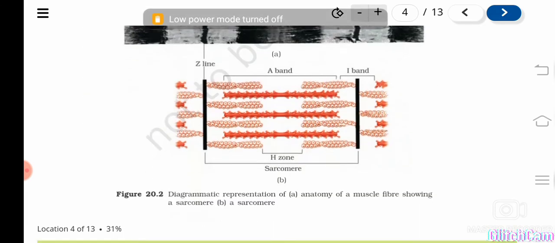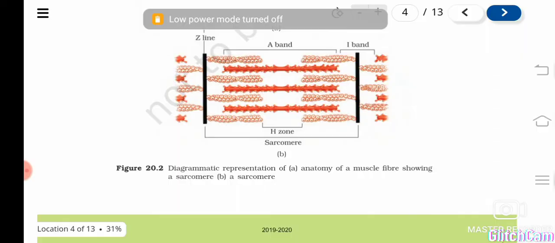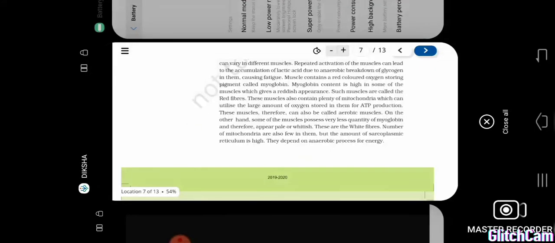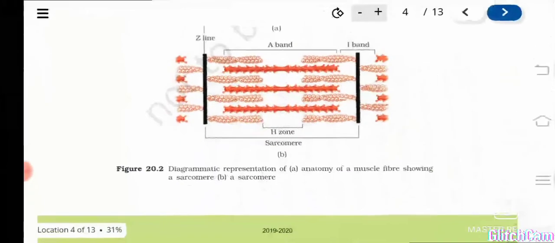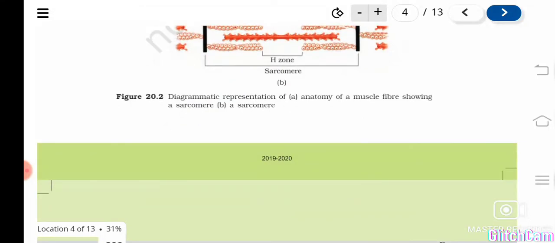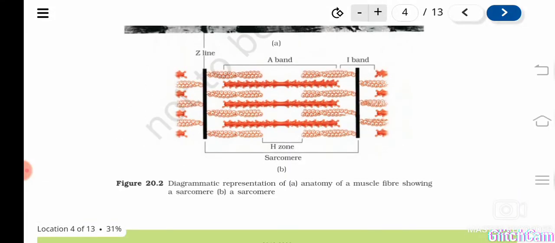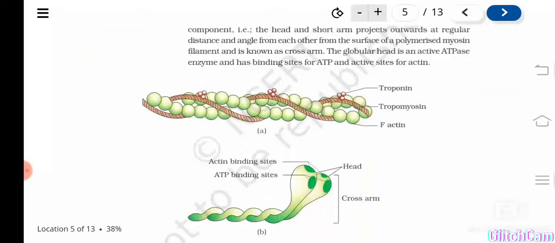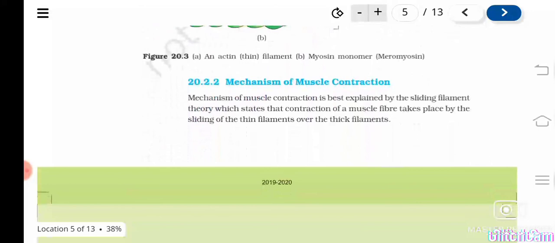We also studied the mechanism of muscle contraction and the structure of contractile proteins. Those are different questions, and you have to study that separately.